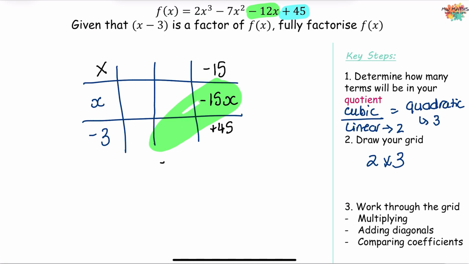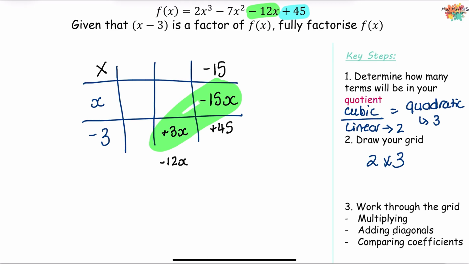I don't want -15, I want -12 x's. So what must live in this box? -15 plus 3x would end up giving me that -12x. Okay, so can you see how we're just comparing coefficients? We were adding diagonals just to get the numbers that we need.